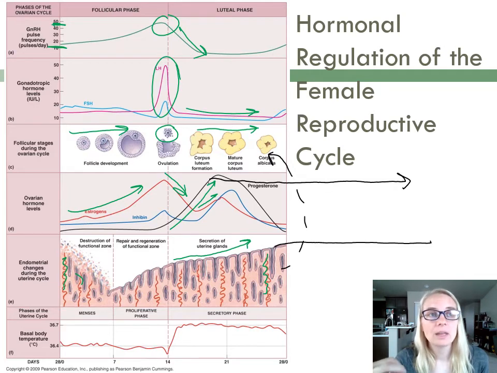pregnancy. If a woman has a problem regulating these hormone levels, so let's say implantation took place, but this signal didn't happen, or that signal happened, but the corpus luteum wasn't maintained and the progesterone dropped, that implanted zygote would get lost in menses.